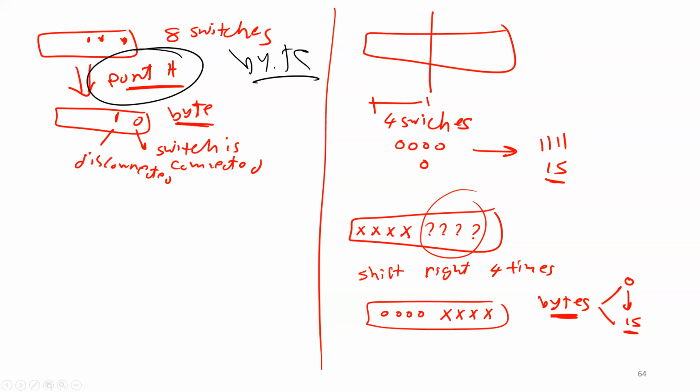So what's going to happen? You cannot read only 1 switch or 1 bit. I have to read the whole byte, and after you read the whole byte, you can do manipulation on the byte. But you can't read only 1 bit, so I have to read the whole byte.